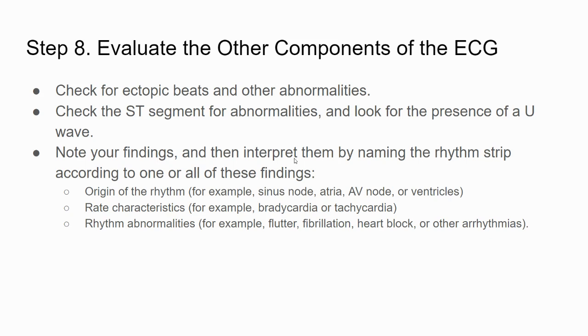We're going to then go according to the characteristics, bradycardia or tachycardia. And then we're going to go to the abnormalities, for example, flutter, fibrillation, heart block, or other arrhythmias. So for example, if we have a normal P, QRS complex, T wave, it's evident that it's coming from the SA node. Well, we know it's a sinus rhythm, okay?